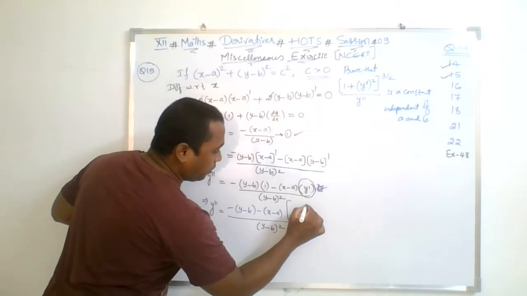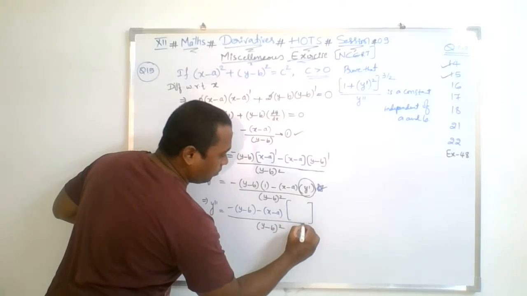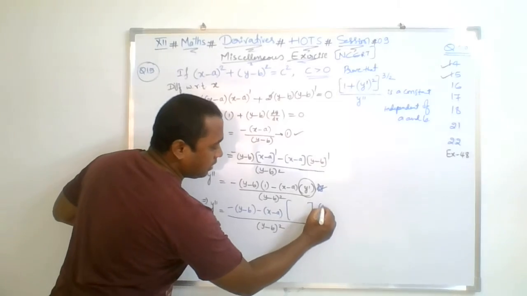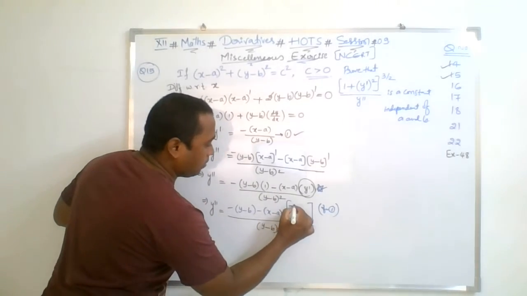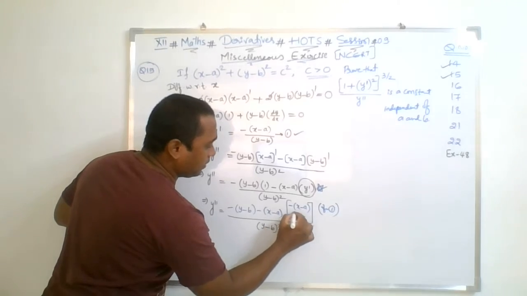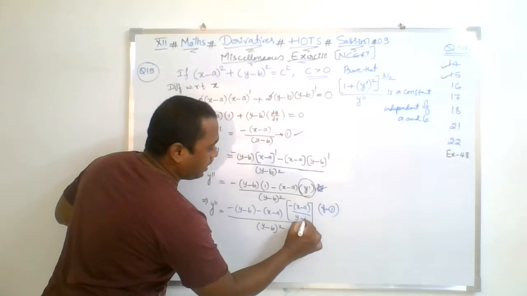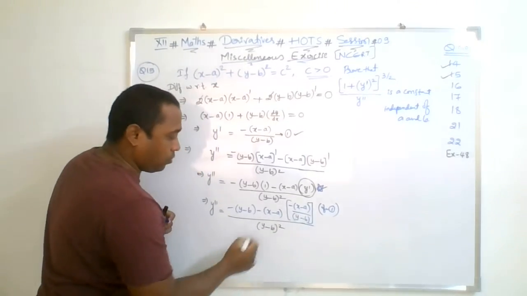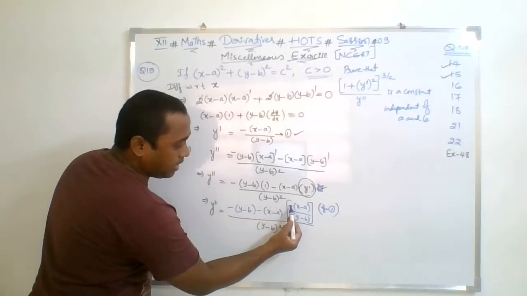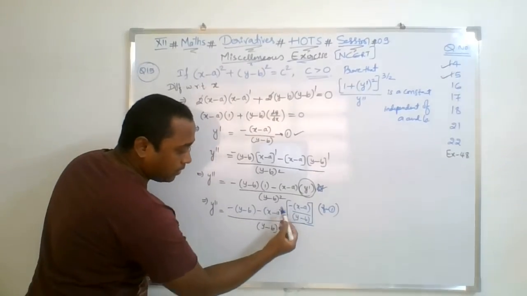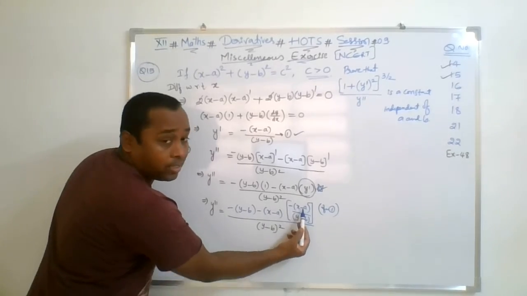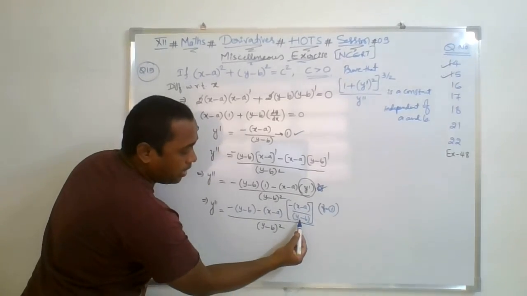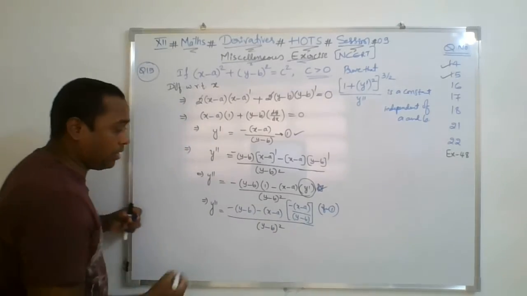So I am substituting the value of dy by dx, which is taken from equation 1, as minus of (x minus a) upon (y minus b). Now this minus and minus multiplied become plus, (x minus a) into (x minus a), the whole square, and the LCM would be y minus b.